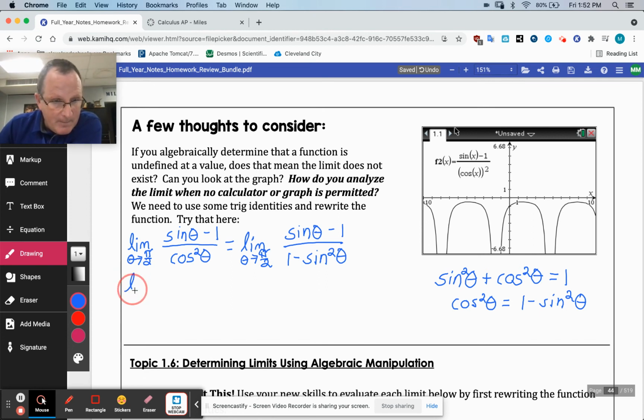So here we go. I've got the limit as theta approaches pi over 2 of the numerator like it was, and the denominator factored: 1 plus sine theta and 1 minus sine theta.